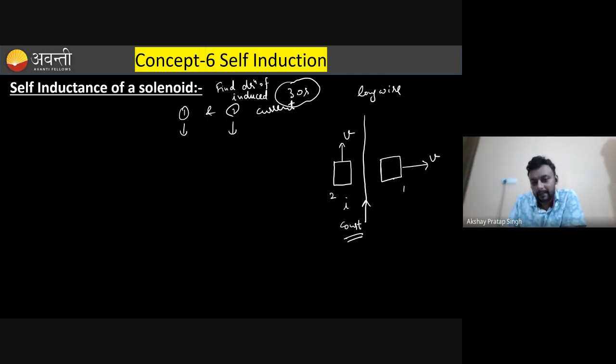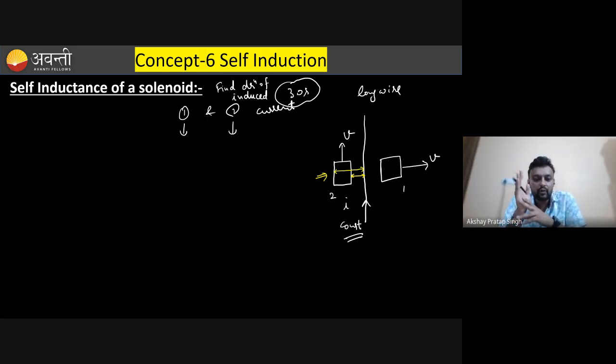For loop 2, the perpendicular distance of this side and that side from the wire remains constant if the loop moves parallel to the wire. And if the perpendicular distance remains constant, the magnetic field will also remain constant.